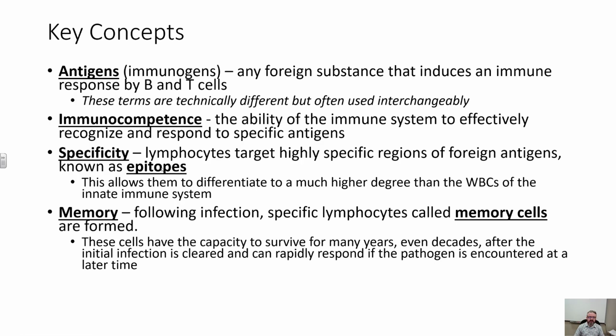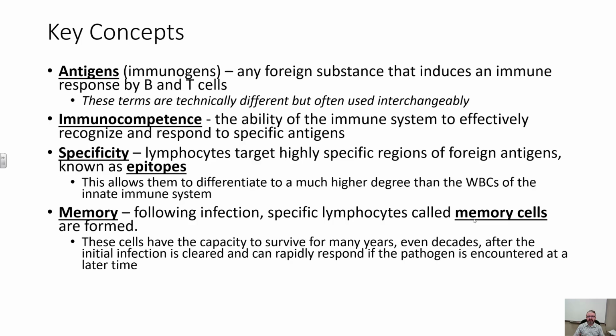Another key concept of the third line of the immune system is that it has memory. And this is kind of where the term adaptive comes in. Memory is this idea that once we're exposed to an infection or a particular kind of antigen, our body builds a specific line of lymphocytes called memory cells. And these cells have a unique capacity to survive in the body for years, even decades, after the first infection has gone away.